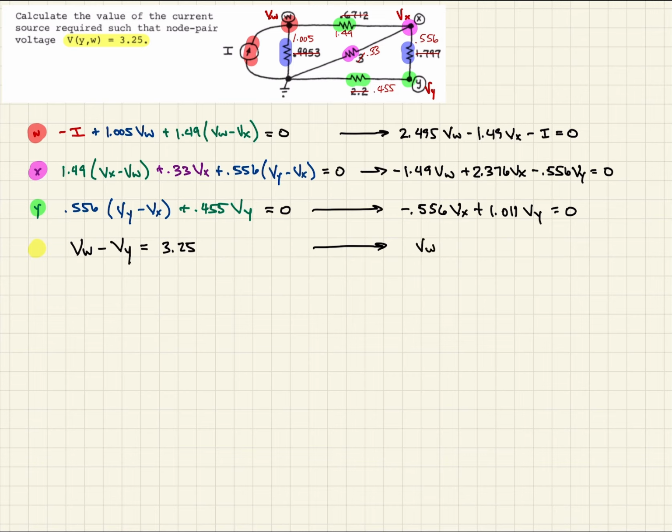We have VW minus Vy is equal to 3.25. All right, so now we have our system of equations.